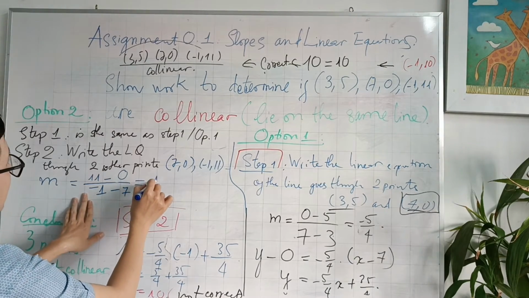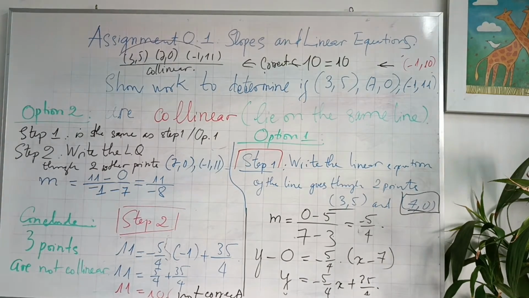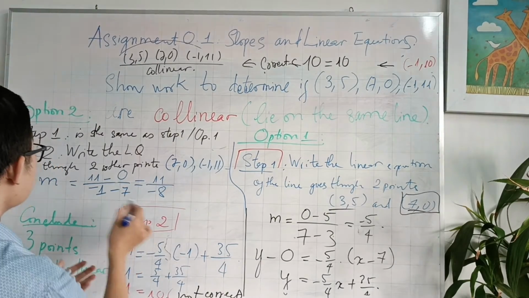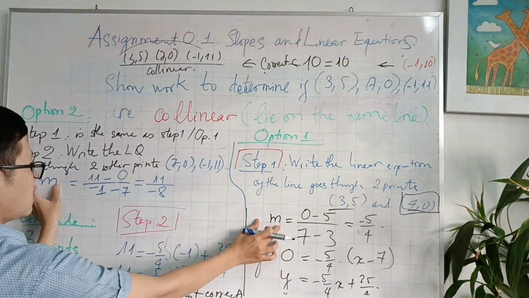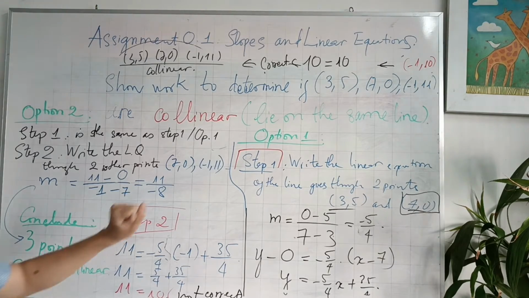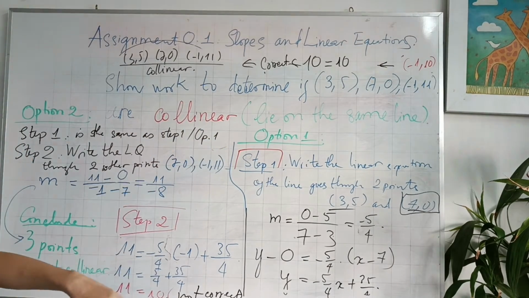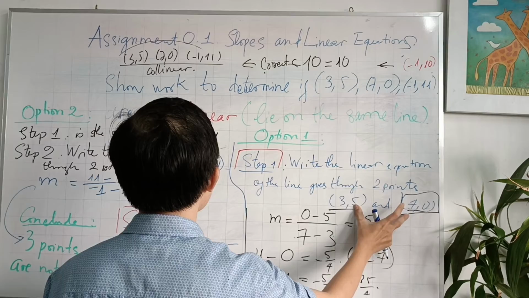So the answer is 11 over negative 8. So we have 2 different slopes. We can conclude here the 3 points are not collinear, because if 3 points are collinear, they must have the same linear equation whether it goes through these 2 points or those 2 points.